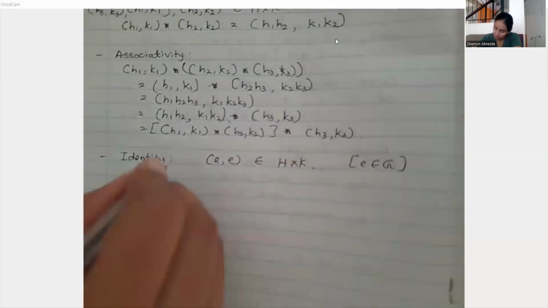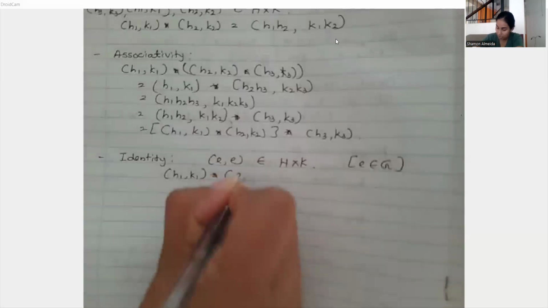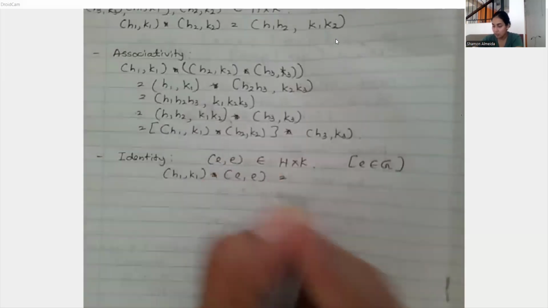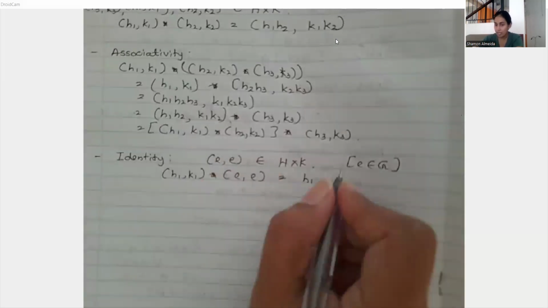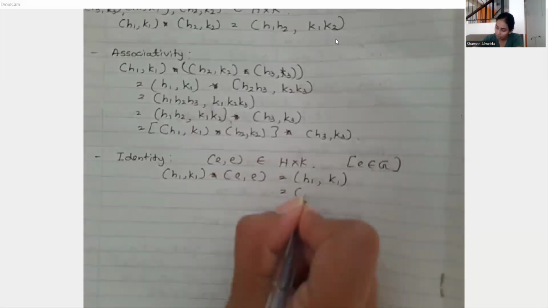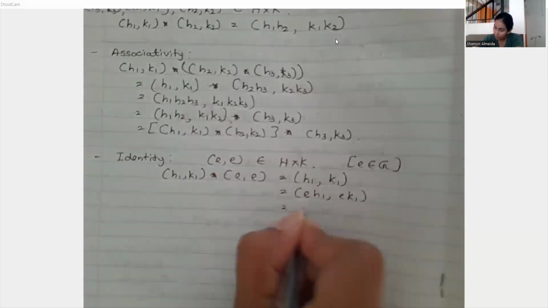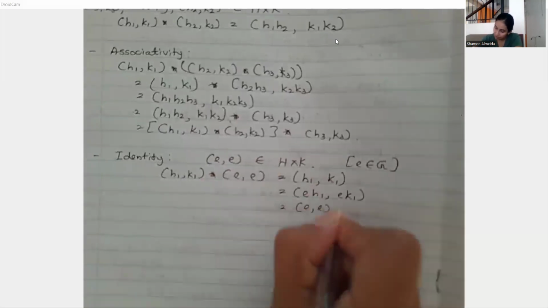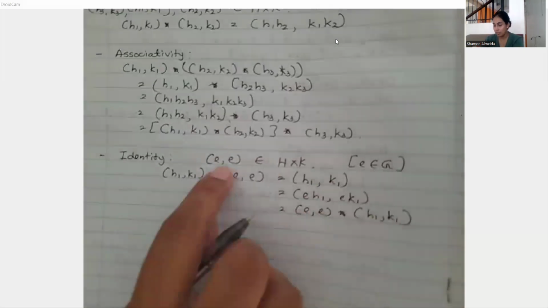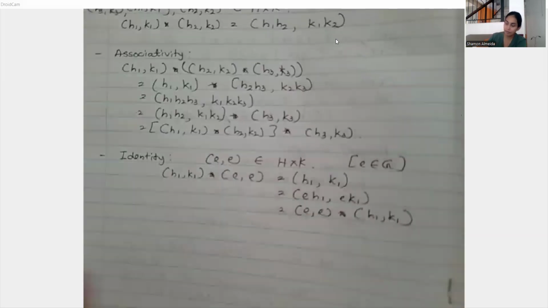Now observe, if we take (h1, k1) and apply the binary operation to this element containing the identity in each component, we have h1 times the identity, which is simply h1, k1 times the identity, once again k1. And this is equal to (e, e) star (h1, k1). So the identity of this group is this, where each component is the identity of G.